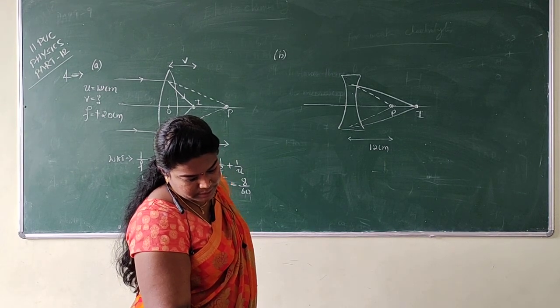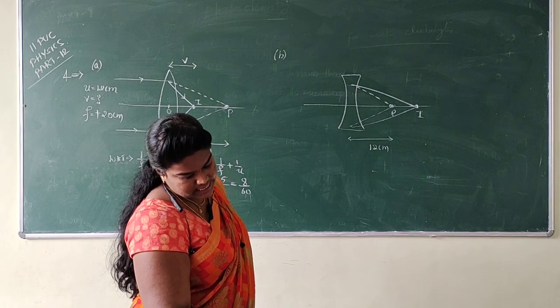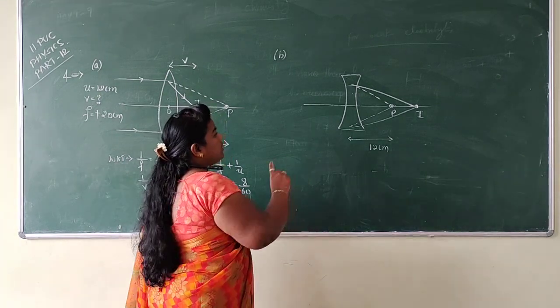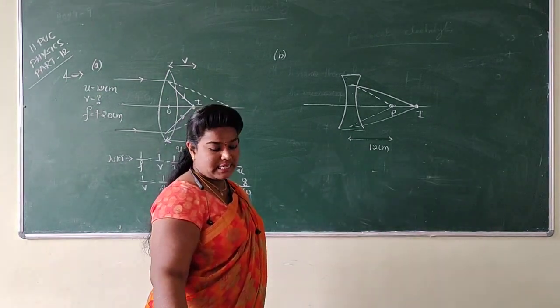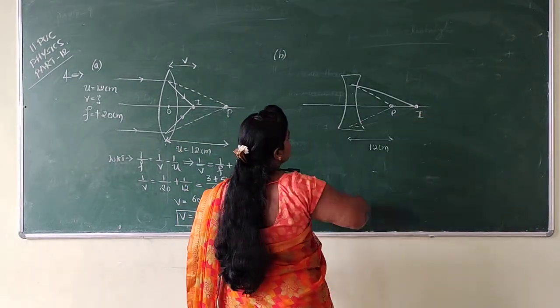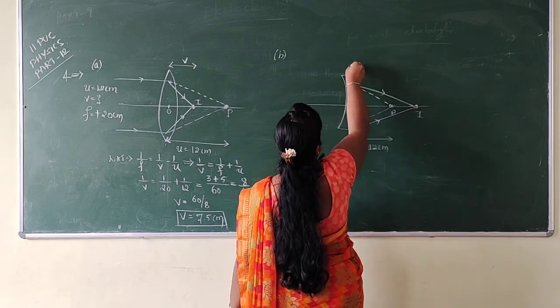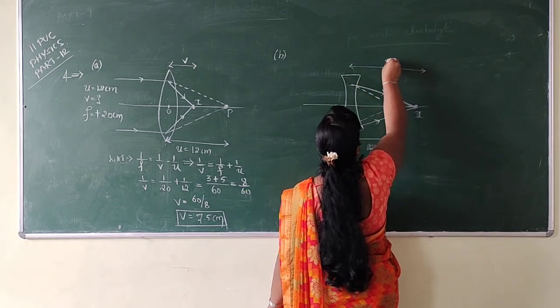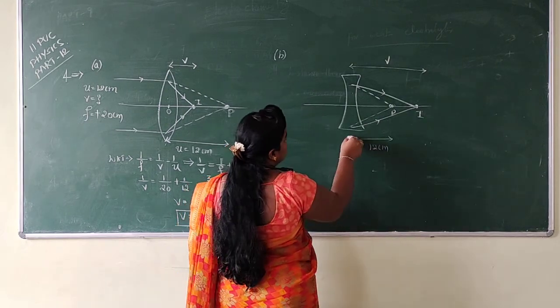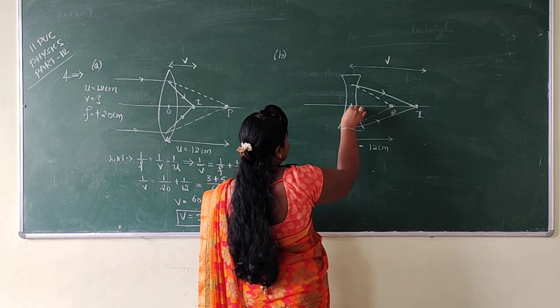You can observe that a concave lens of focal length 60 centimeter. Here the concave lens is with the focal length 60 centimeter. So the distance between the optic center and the image is called v, whereas distance between the P and the optic center is considered as u.